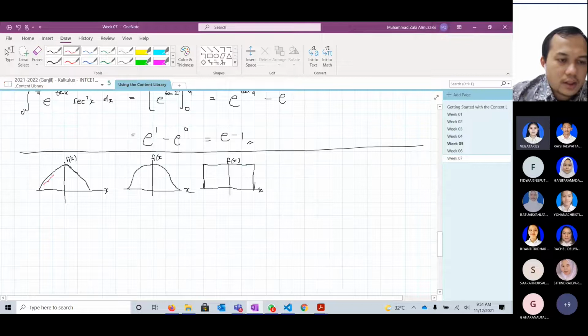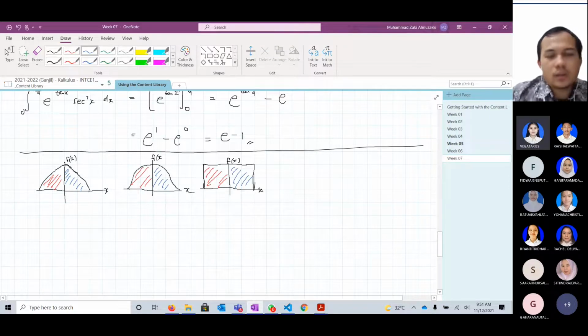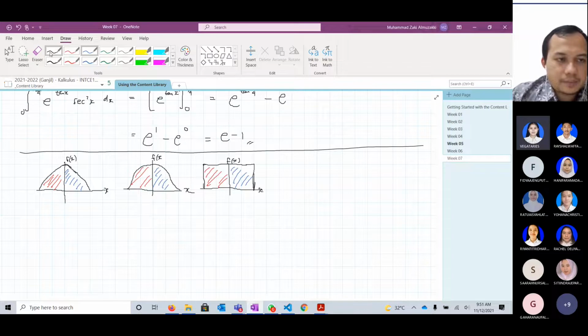You see that the areas here are equal. The left one is red and the right one is blue. You see that the area of the red one and the left one are equal.